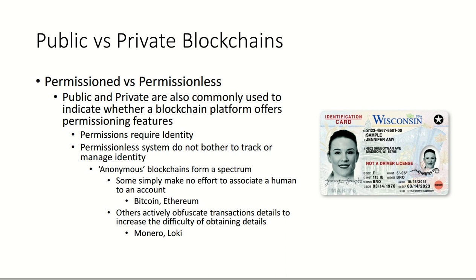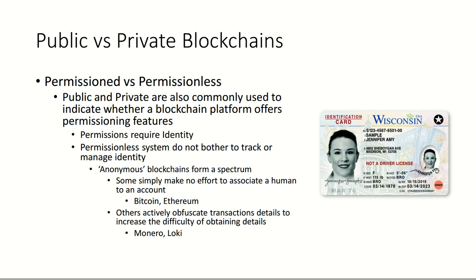Permissionless blockchains like Ethereum and Bitcoin, we simply mean that term permissionless to refer to the fact that natively these platforms make no attempt to associate an end user to an account or wallet.